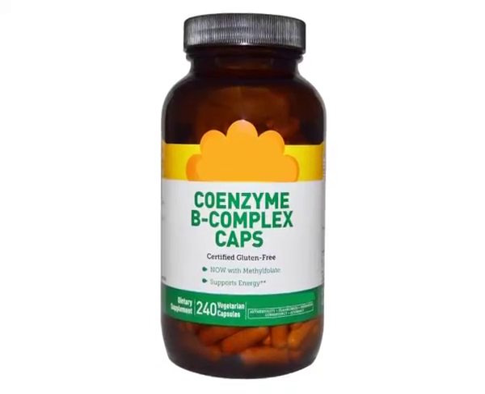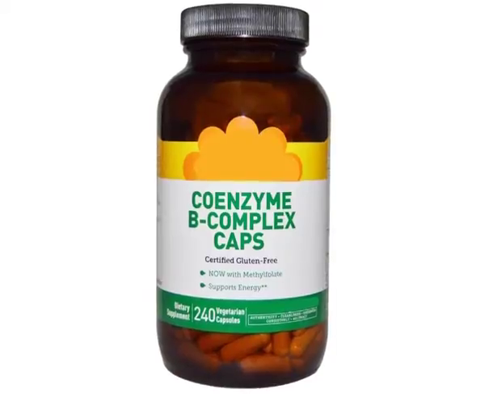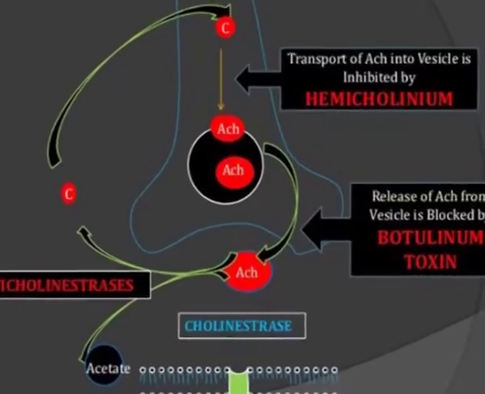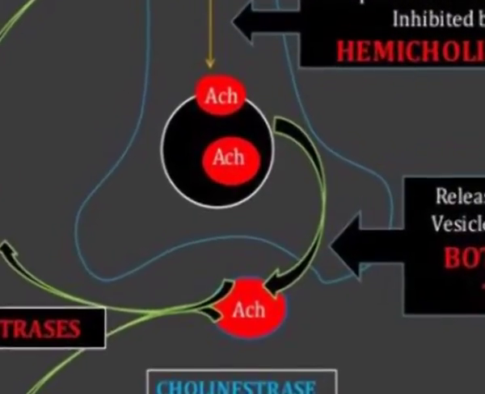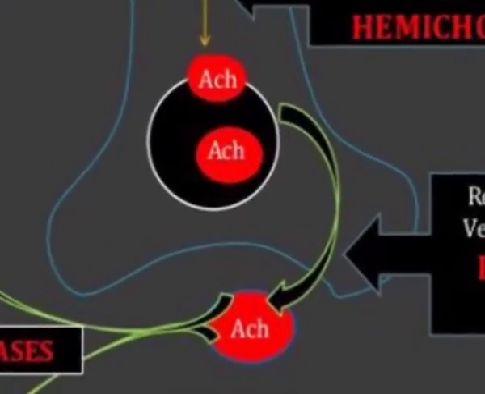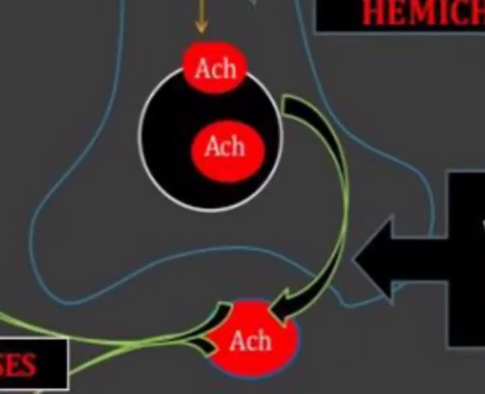If the cell does not have enough choline, acetylcholine synthesis does not proceed. Coenzyme A is widely distributed in the body and choline is an essential dietary constituent belonging to the B complex group of vitamins. Hemicholinium blocks choline uptake, that is the rate limiting step in acetylcholine synthesis, and depletes acetylcholine.